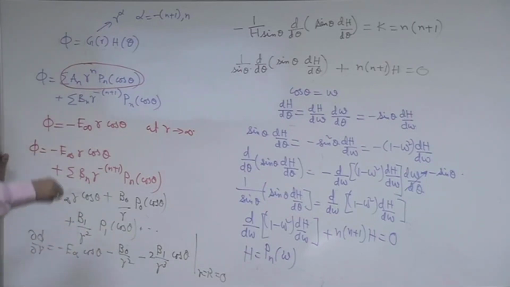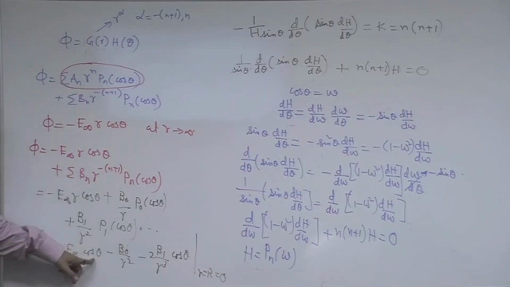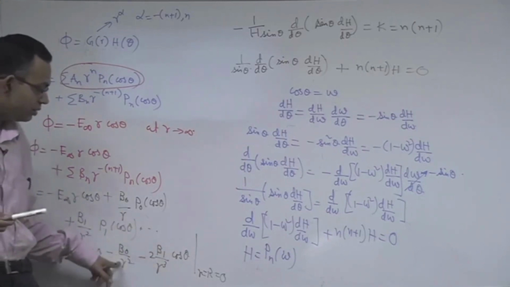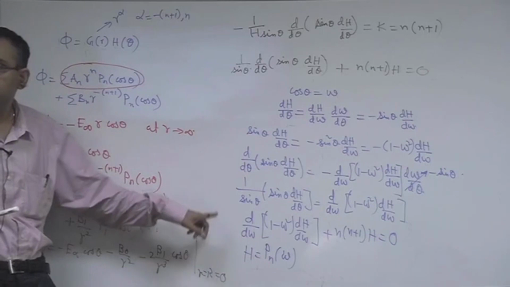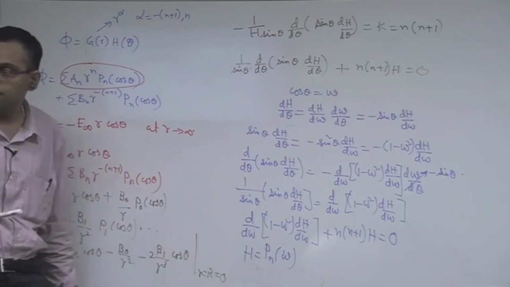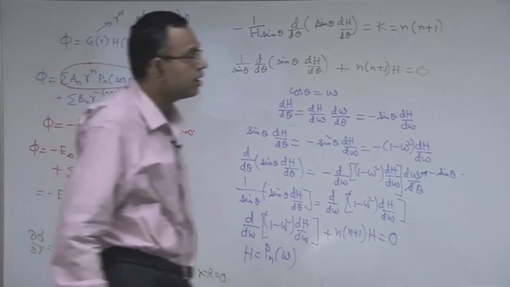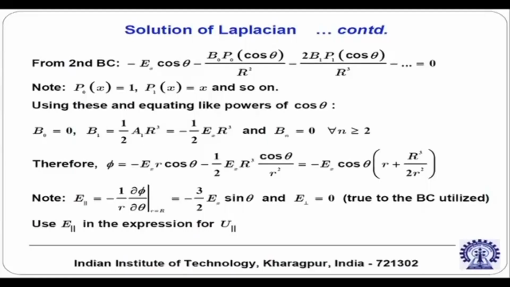Okay. There is no other term, you can say that if the series has infinite terms, but there is no other term which you can match with this cos theta. So all other coefficients will be 0. So only these two terms will match, B0 will be 0 and all other Bn's will be 0. So eventually let us come to the slide.